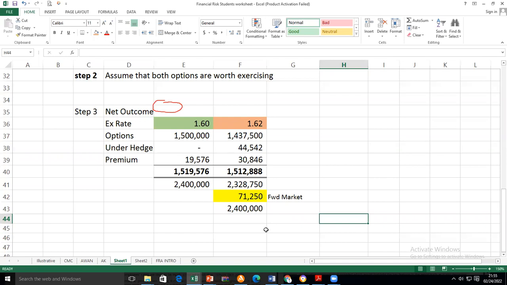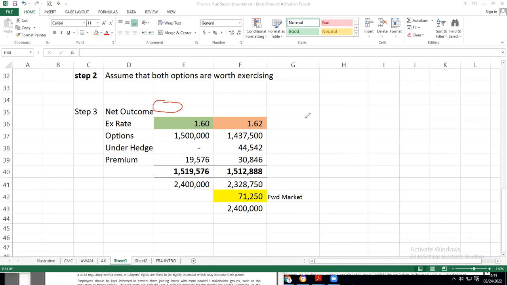Now remember, you've got two questions. You've got the question called CMC. So you can go back to CMC now and try that question. Try to set the options hedge there. The other question was the 2016 question.